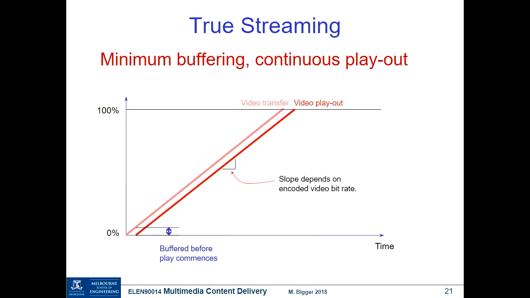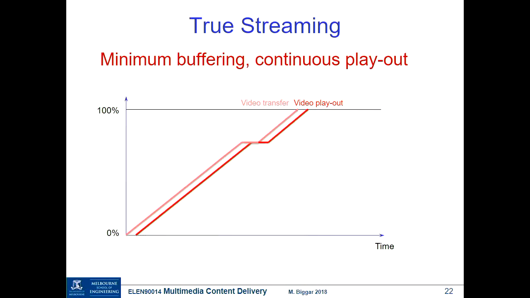Right, so the slope of the play-out rate depends on the encoded video bit rate, and we try to match the transfer rate to just keep ahead of the receiver. But of course, we can only do that if the network resources allow, and we always risk this situation in the event of congestion.